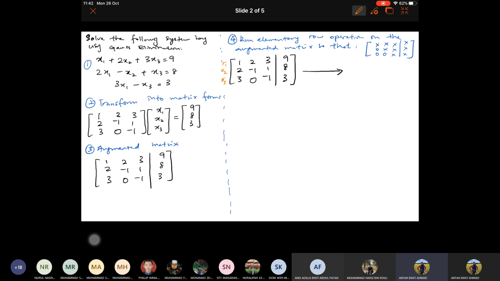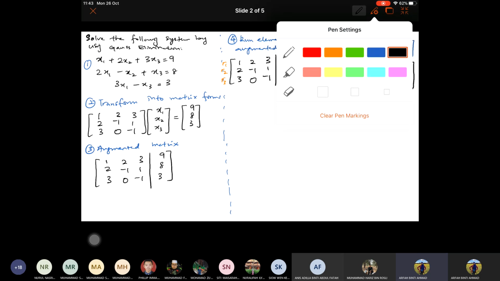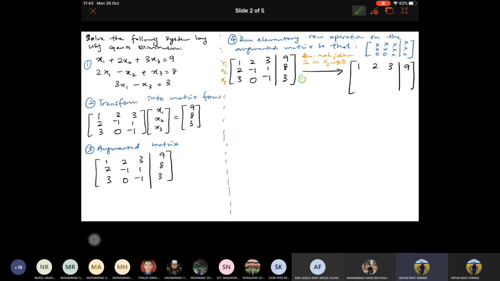First thing first, kita nak aim nak jadikan 2 in R2 to become 0. So you may list down all possible solution. Okay. And tengok first thing first, row 1 tak berubah. So awak copy je. 1, 2, 3, 9. Okay. So itu first thing yang awak kena buat.